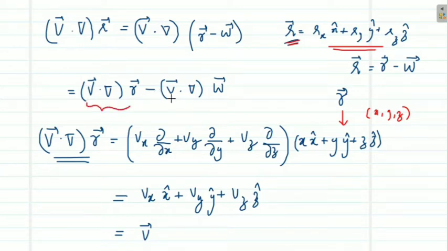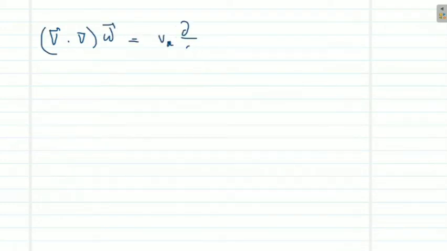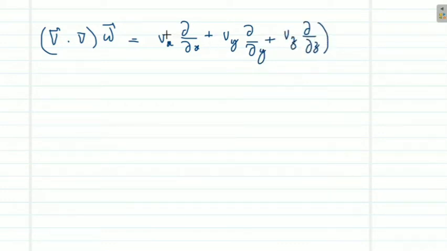Now let us look into the second term. We calculated the first term. Now the second term is v bar dot del of w bar, which is equal to vx into dou by dou x plus vy into dou by dou y plus vz into dou by dou z of w bar. And w bar is a function of tR, right?